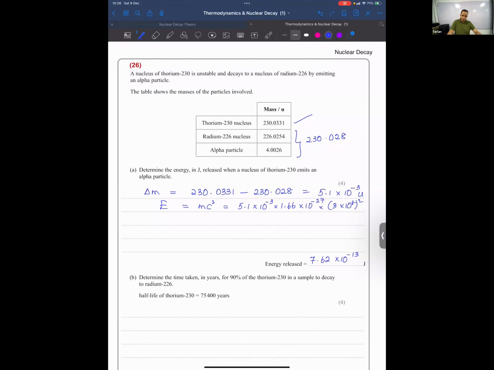Are you getting 7.62 into 10 to the power minus 13 joules? Yes.